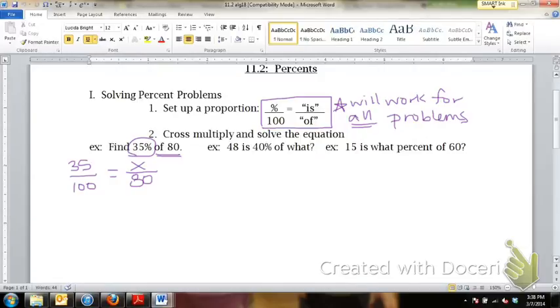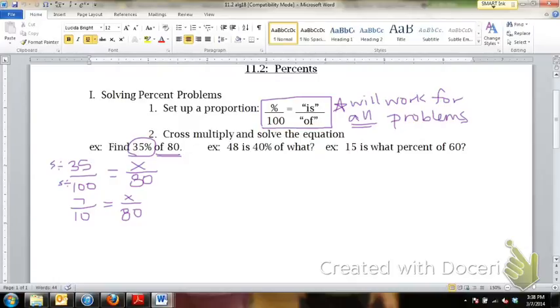That's really big. So if you can reduce one side of your fraction, do that first. You just can't reduce across the equal sign. But 35 and 100, that'll divide by 5. So I'm going to make this 7 over 10 equals x over 80. And that's a lot easier to deal with.